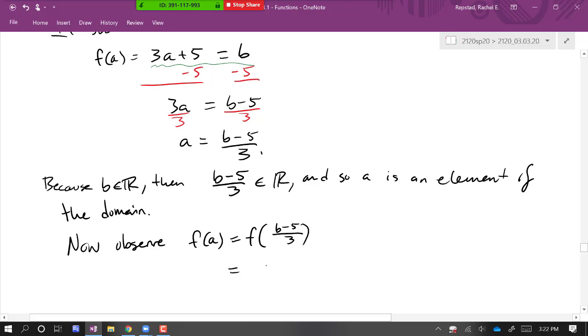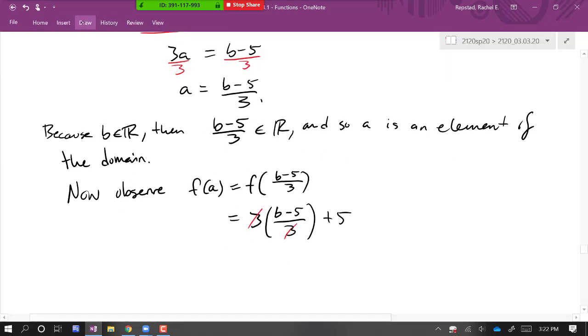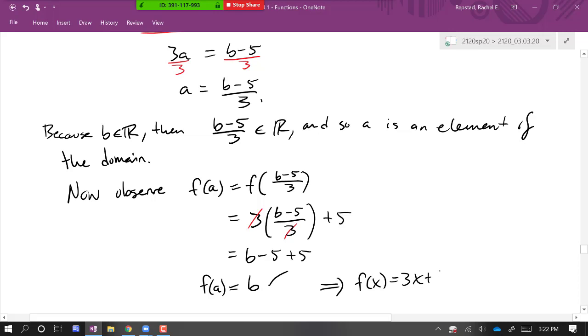And the f function is 3x plus 5, so it's 3 times B minus 5 over 3 plus 5. We do some algebra. The 3's cancel here. We have B minus 5 plus 5, which is, of course, B. And this tells us that f of x equals 3x plus 5 is surjective.